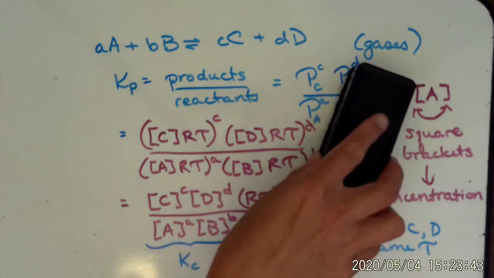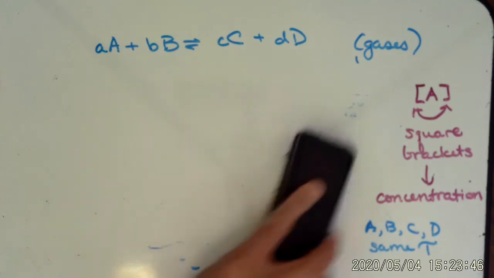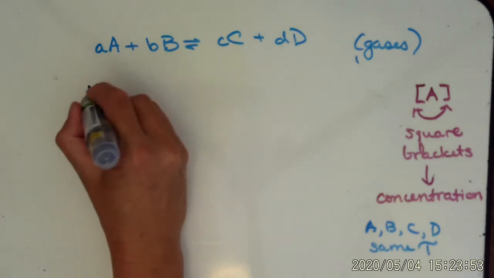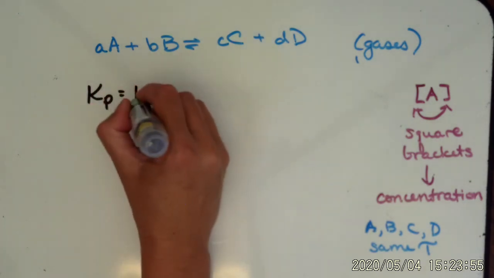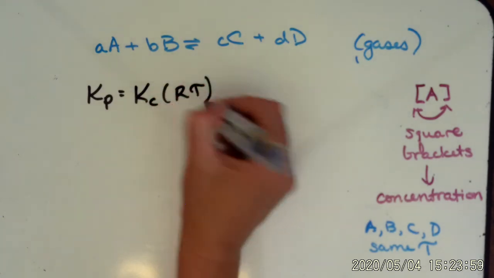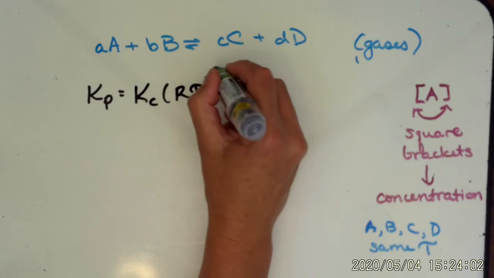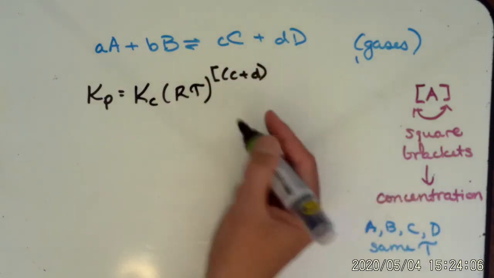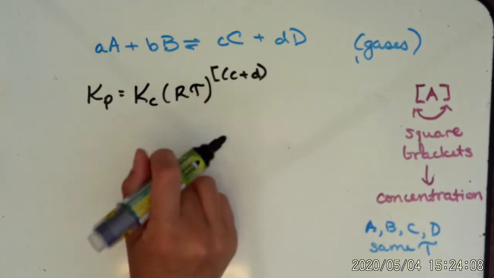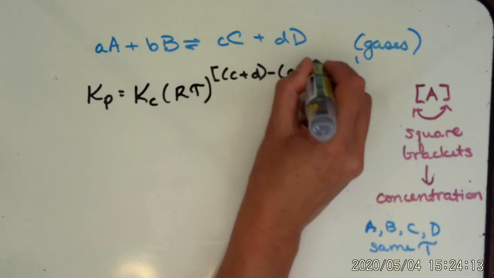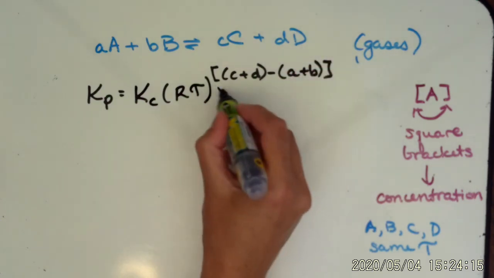And it looks like this. Kp is equal to Kc times RT, okay? And we had c plus d, okay? And since I was dividing by a plus b, that can also mean I'm subtracting a plus b. Okay?